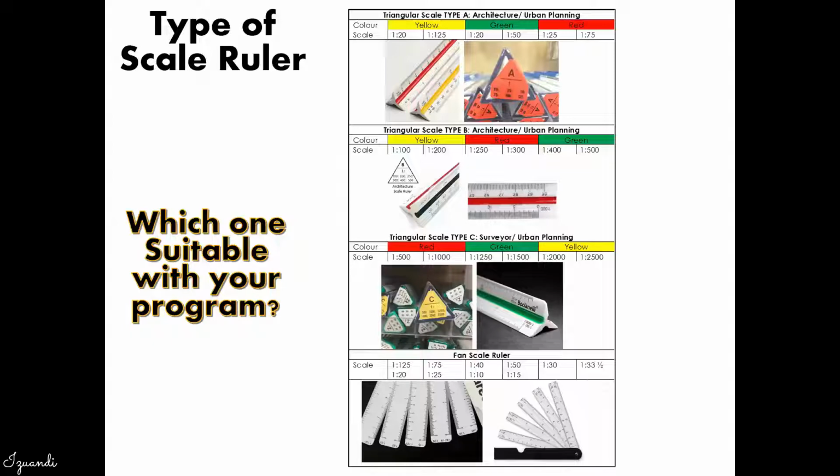This is compared with urban planning and land surveyors. They always use a big scale ruler, for example the triangle ruler, because this one is longer compared to the fence scale ruler.